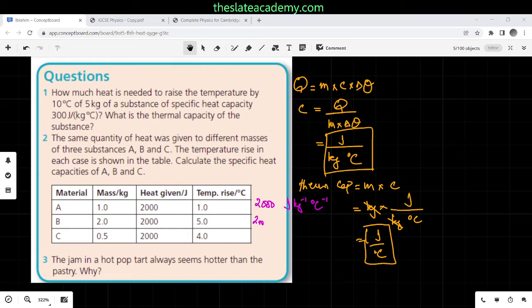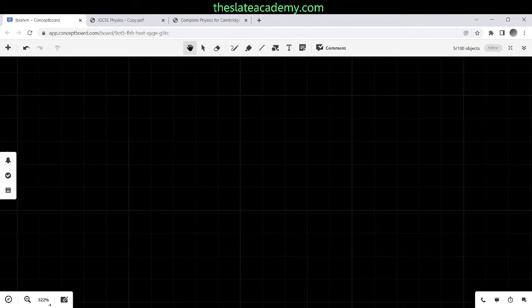Let's say a substance. The specific heat capacity of gem would be higher. If the specific heat capacity of gem is higher, it would take longer to cool down as well. So substances with a higher specific heat capacity take longer to heat up, because it is taking longer to cool down.